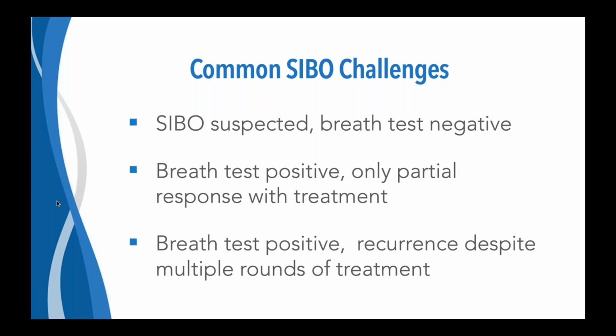And then the third common scenario is very similar. When patients are positive for breath tests, so SIBO has been confirmed based on the test, oftentimes even with multiple rounds of treatment, many patients experience a recurrence of SIBO symptoms. And then if SIBO testing is repeated, sometimes they also see that breath test results are continuing to be positive.